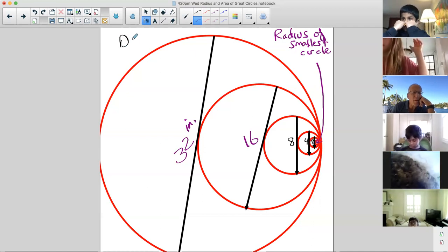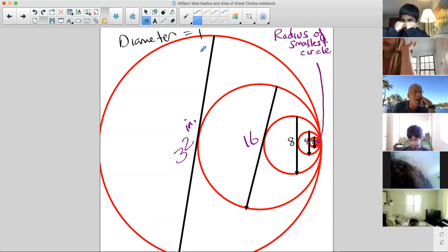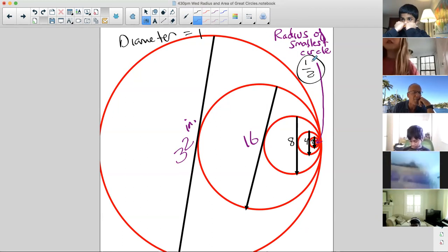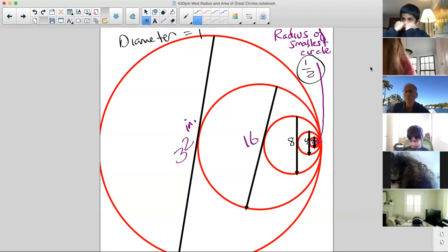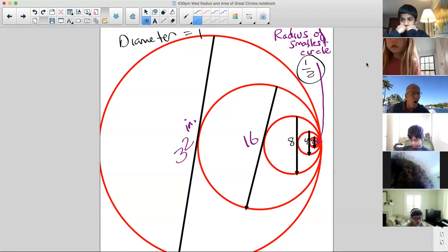So the diameter, everybody, of the smallest circle equals 1, which means the radius equals 1/2. And that was really well done. Almost nobody got that right except for one person. It's really hard to do those questions.